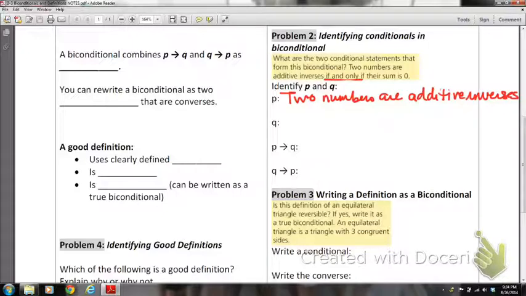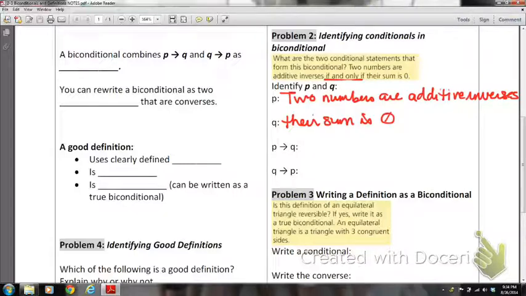And the Q part, the conclusion, is that their sum is 0. You might need to refresh your memory on what an additive inverse is. Additive inverses are numbers like a positive 2 and a negative 2. They add together, and their sum is 0.